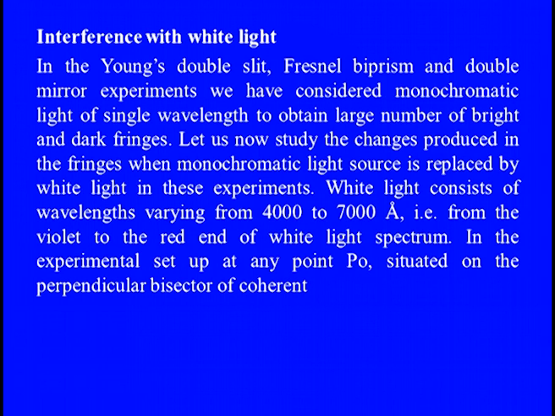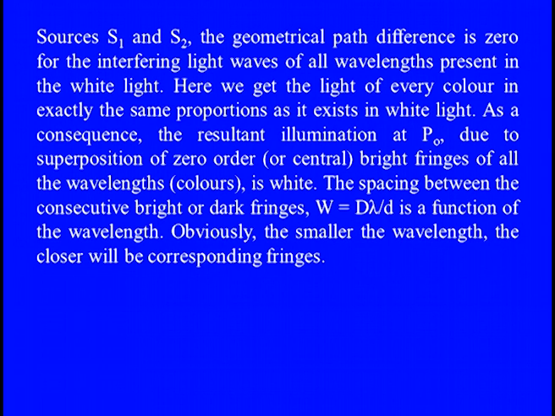In the experimental setup, at any point P0 situated on the perpendicular bisector of the coherent sources S1 and S2, the geometrical path difference is 0 for the interfering light waves of all wavelengths present in the white light.